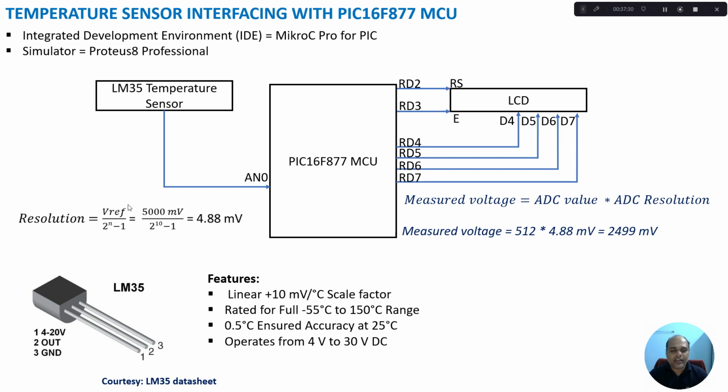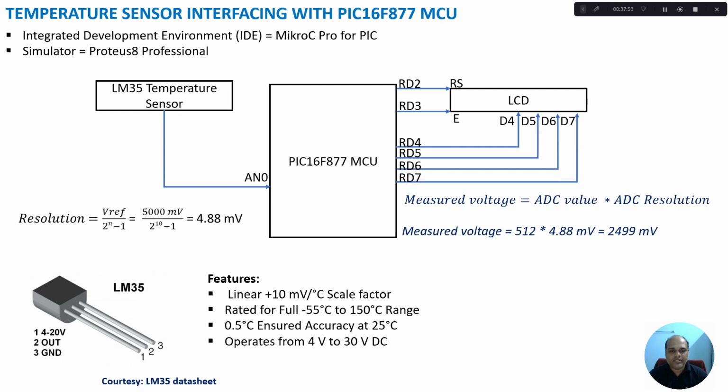So this LM35 will give a resolution of about 10 millivolt per degree centigrade. So for example, if the room temperature is 30 degrees, then the LM35 will give 300 millivolt as a result through pin number 2. So for every degree, 10 millivolt variation will be there.